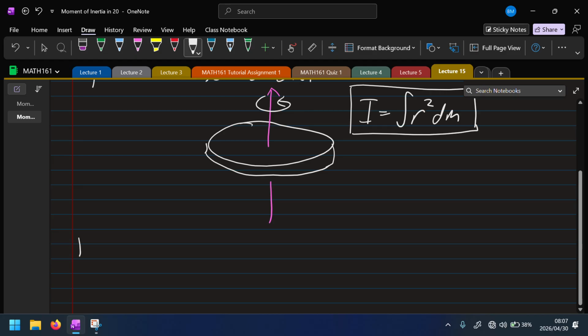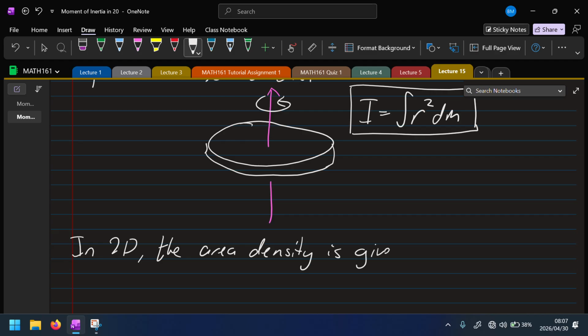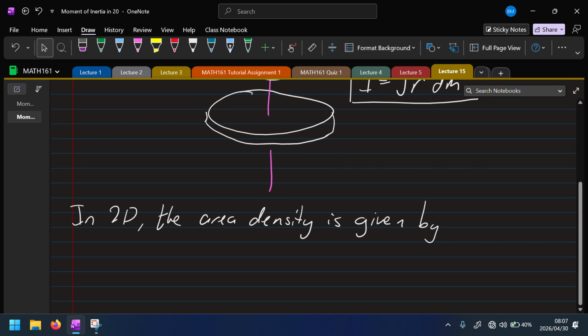So here in 2 dimensions, the area density is given by, we call it sigma, and it might depend on the radius. From the center of the disk going outwards, the density can change depending on the radius. At the center of the disk, it might have some density. As you move out to the end of the disk, it could have some other density.